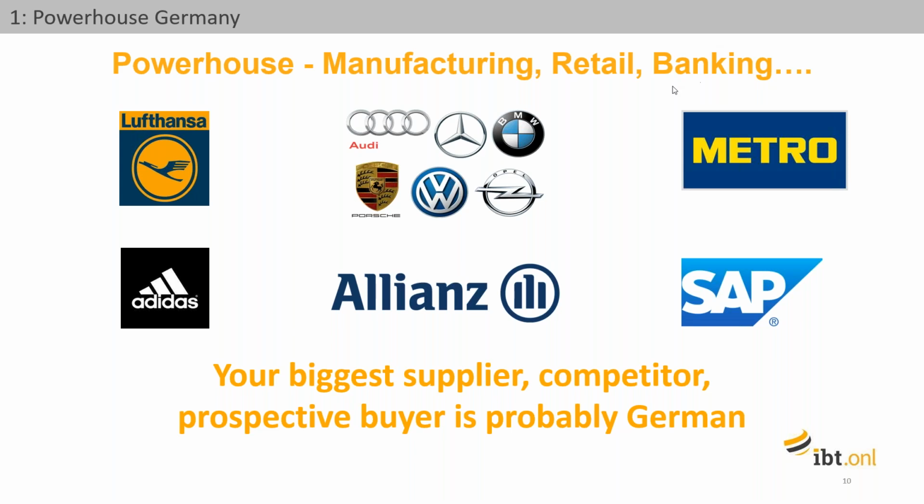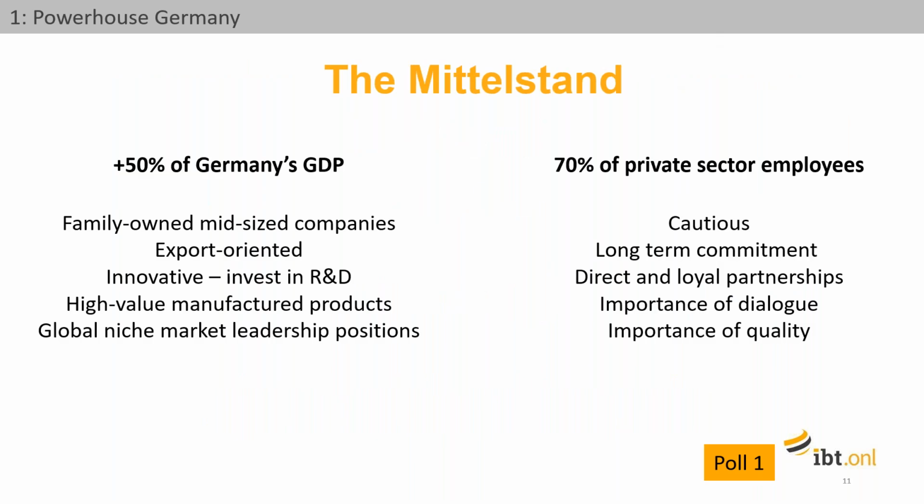Now, there's one more feature we wanted to highlight before we drill down into the online side, and that is the role of the Mittelstand. Mittelstand is the term given to those groups of companies in Germany who really are the engine of German manufacturing and German strength.